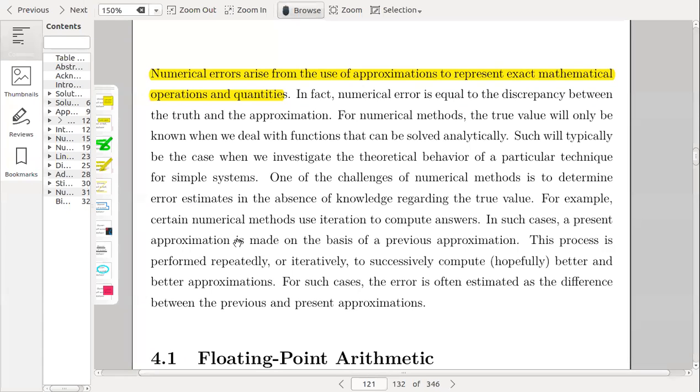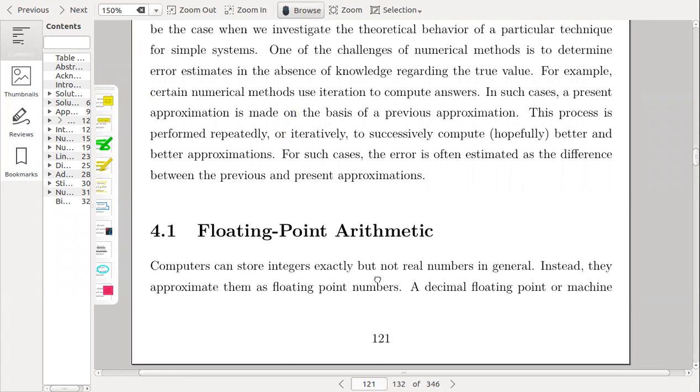That is why we call these iterations, the number of attempts by the algorithm to solve the problem. For such cases, the error is often estimated as the difference between the previous and present approximation.